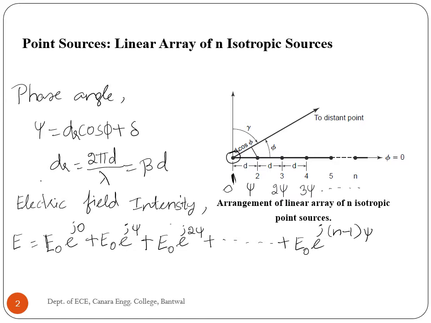We have considered the linear array of n isotropic sources having the same amplitude, that is E naught, and with different phase angle. So we can write the above equation as E naught can keep outside, then 1 plus e to power j xi plus e to power j 2 xi plus until n minus 1 xi.